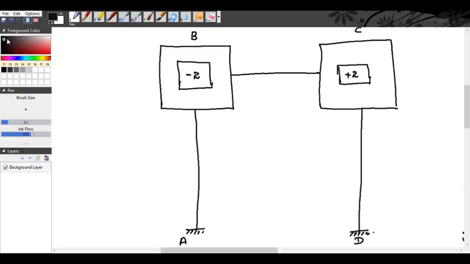Now, we will write the fixed end moments. So, we know fixed end moment for AB is 0, for BA is 0, for BC is minus 2, for CB is plus 2, for CD is 0, and for DC is 0. Now, we will write the rotation factor and displacement factor.